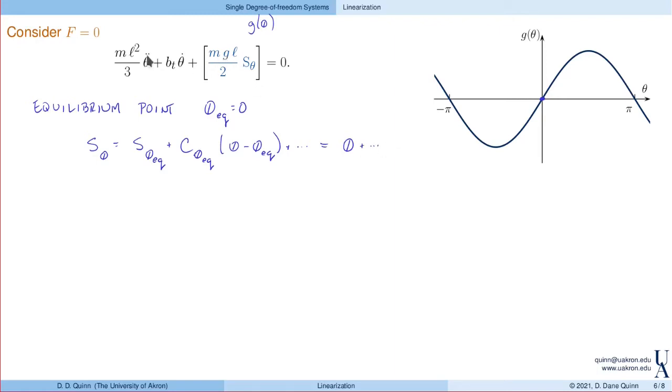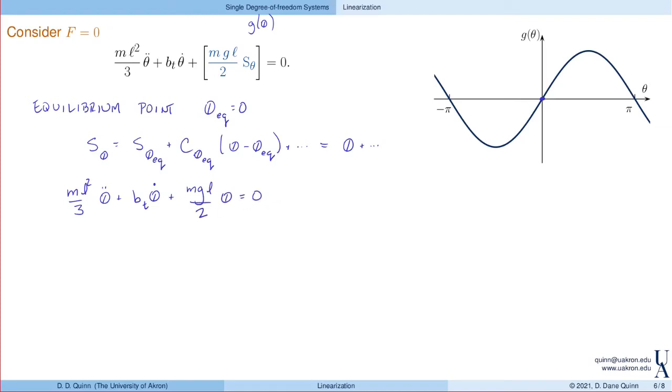Okay, awesome. Let's just take that and substitute it back in. So my equation of motion is m l squared over 3 theta double dot plus b_t times theta dot plus m g l over 2 times theta is equal to 0.